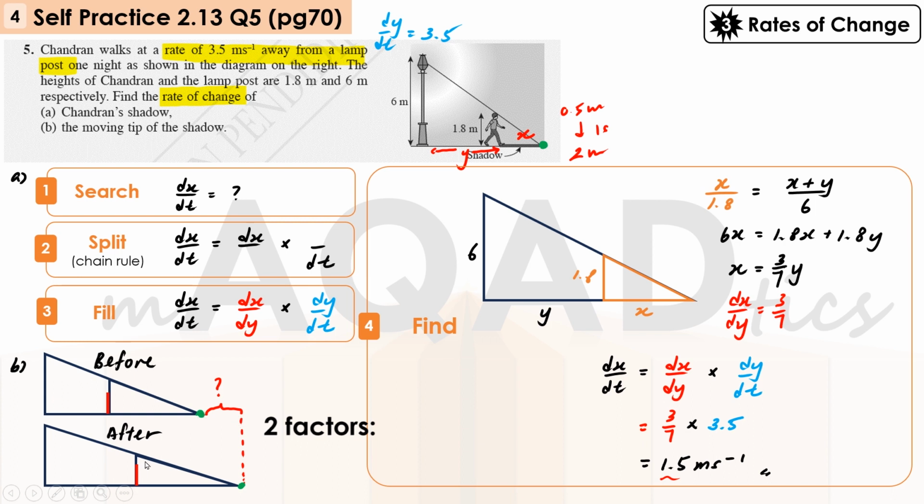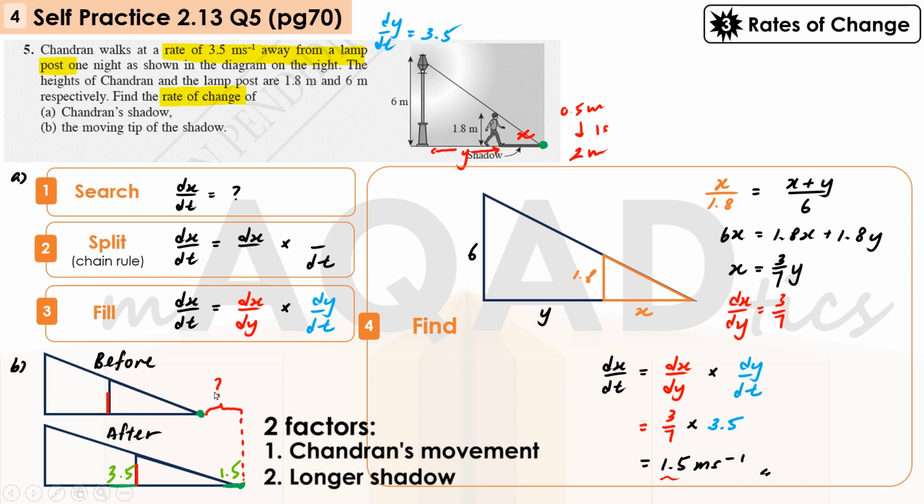The first one is Chandran himself, because every second he moves to the right, and this causes the tip to go to the right. This is the first factor. The second factor is that once Chandran moves to the right, the shadow will increase in length, which we already found in part A: the shadow will increase by 1.5 meters. Let's say it's here.